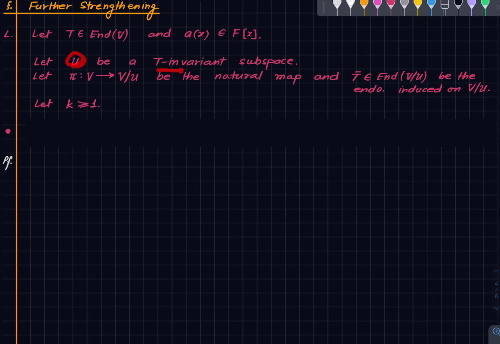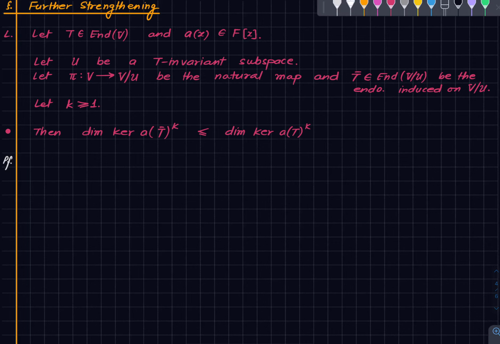Let U be some T invariant subspace, and let this be the natural projection map, and this be the induced endomorphism on the quotient. Fix some positive integer k. Then the dimension of the kernel of this particular endomorphism, which is an endomorphism on the quotient, is at most the dimension of the kernel of this endomorphism, which is an endomorphism on the original vector space.